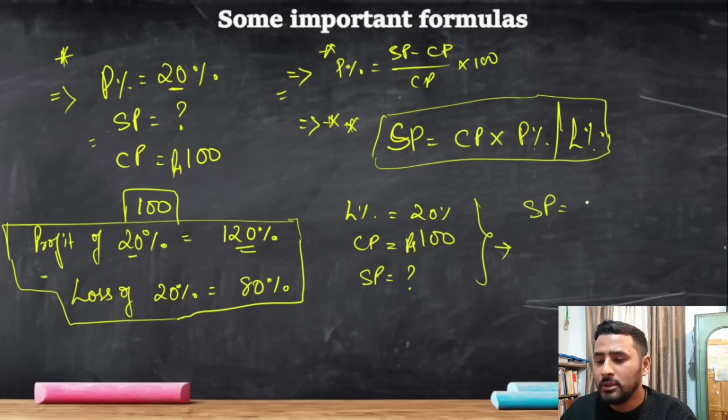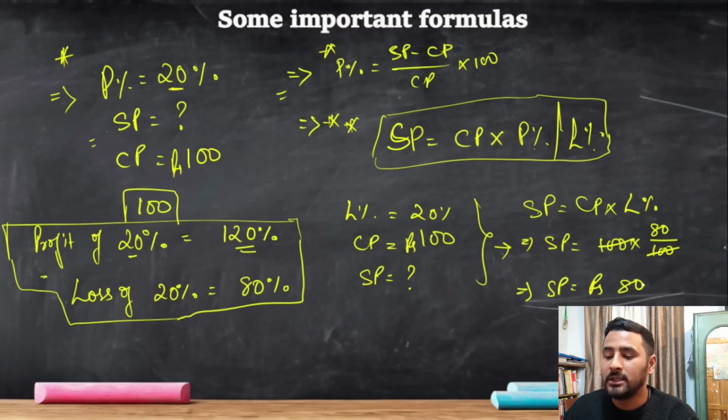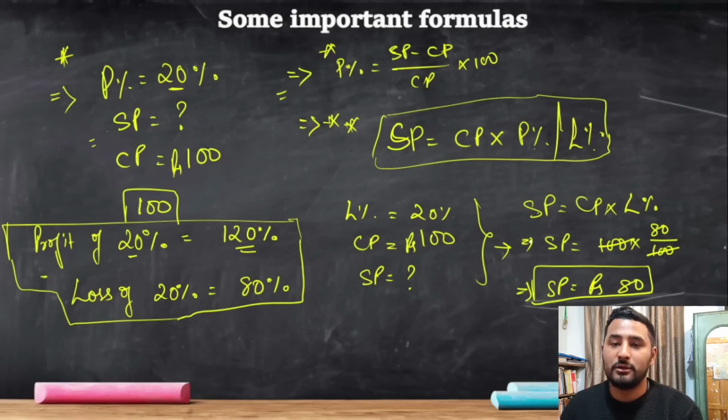SP is equal to CP into, now in place of profit percent you write loss percent. Our SP we don't know. CP is 100 into loss. See, loss of 20% means you should subtract 20 from 100, you'll get 80 by 100. So cancel 100. SP will be rupees 80. I hope this is clear. This is the shortcut method you should use.